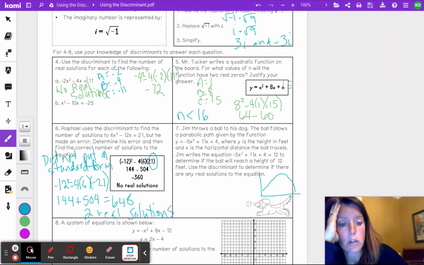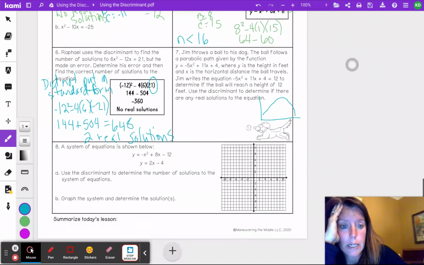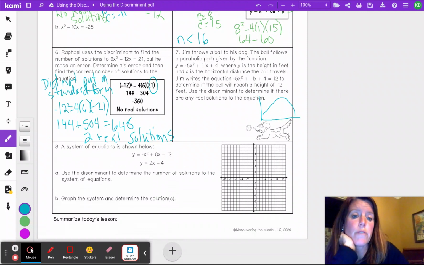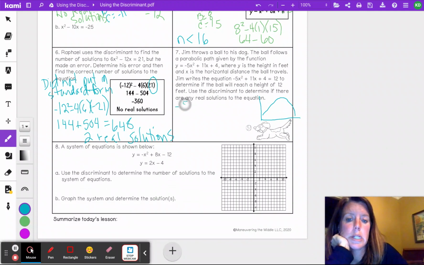So let's go ahead and find the discriminant. We need to put it in standard form first. So that would be negative 5x squared plus 11x plus 4 equals 12.